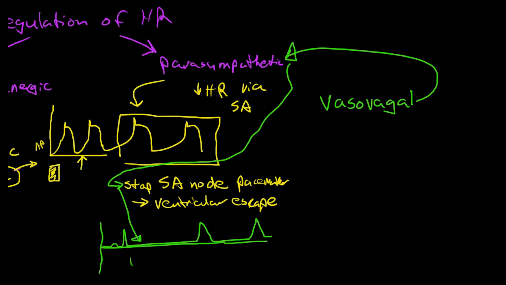You end up with a 20-second pause, and then the patient begins to recover with a ventricular escape beat or a junctional rhythm or something else that's not coming from the SA node. So you end up with a patient that passes out. And then the backup rhythms take over, and the patient usually will begin to recover after about 20 or 30 seconds.